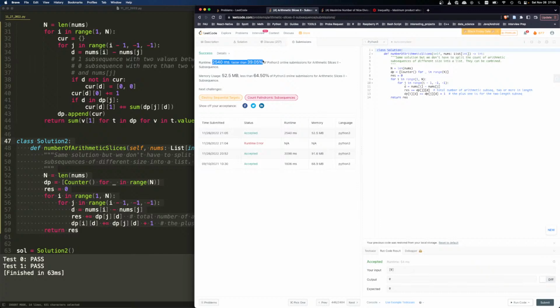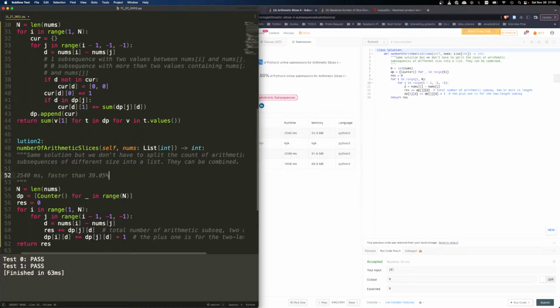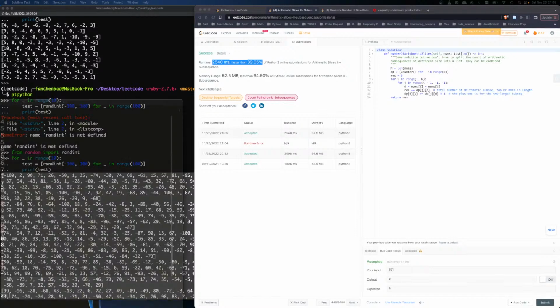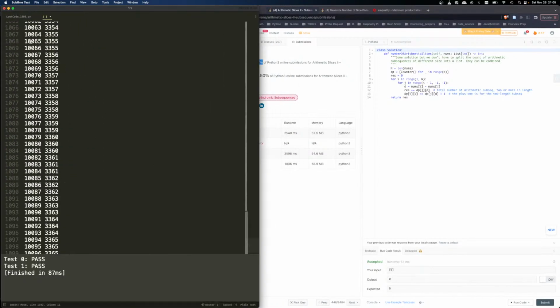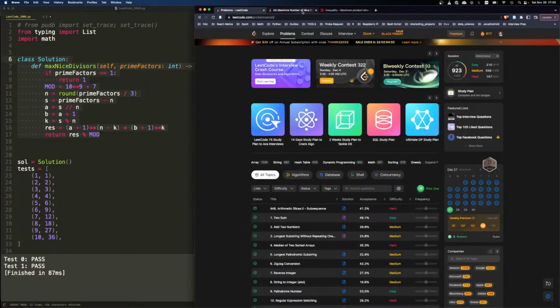Much faster. All right. So we consider this problem done. All right, finally I think I have the hang of how to deal with this. Okay, we're done with this.